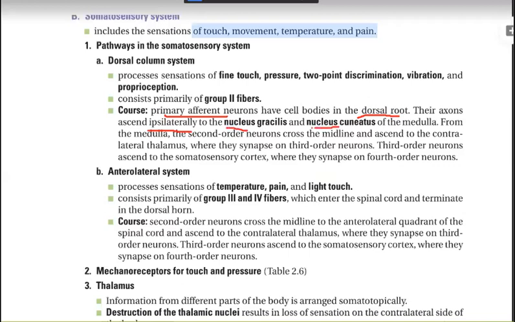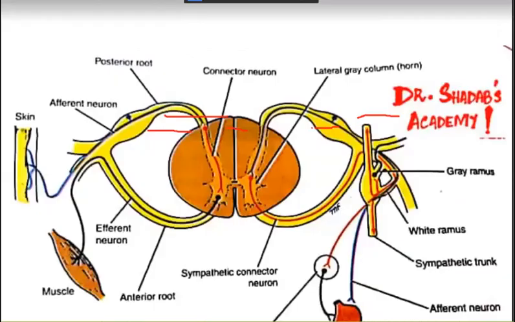Now I'll take you to this. First of all, I'll show you here. So you see we have this area. Let me make it in some other color, like blue. Now you see this area. This is your posterior column of the spinal cord, and then I subdivided this area into two parts.